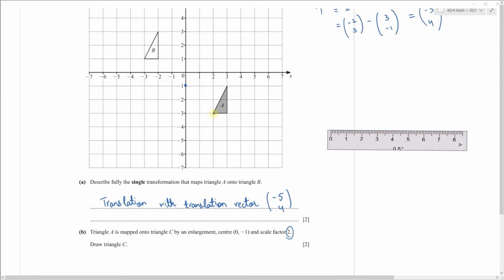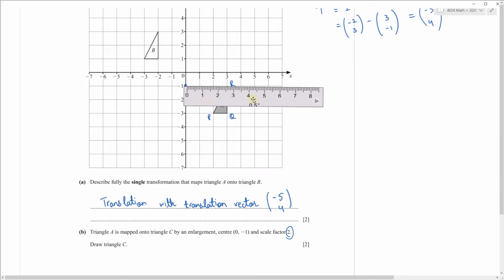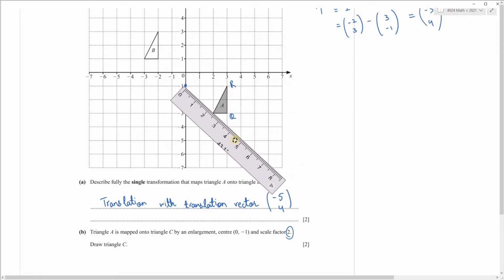If I look at this vertex, let me call these P, Q, and R. So this vertex is P. The corresponding image, P prime, will be twice the distance. If this is the distance between the center of enlargement and your vertex P, you will double the distance. So let me draw a line that represents this.